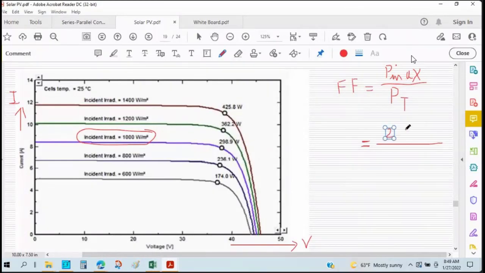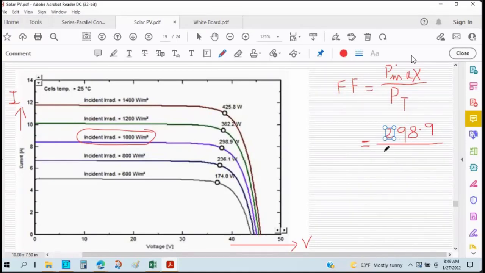P max is already provided. You don't need to calculate I max or V max. What about P theoretical? Yes, we have to calculate it from the graphs.